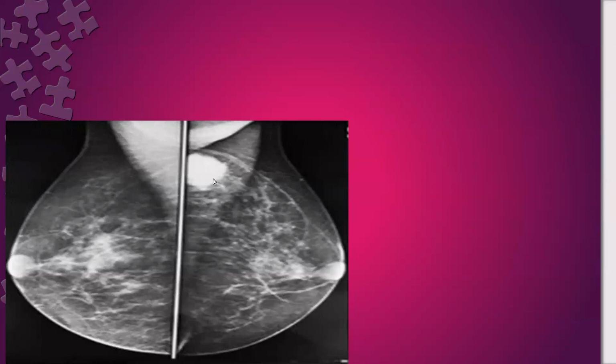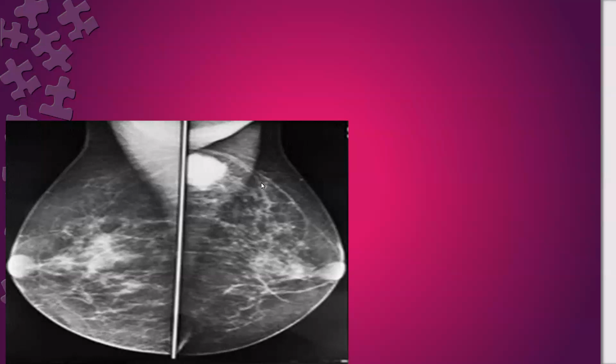Could you appreciate this? What is this? There is an irregular mass seen at the axillary tail, posteriorly.